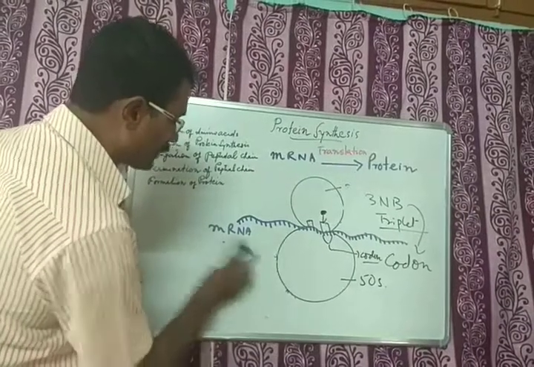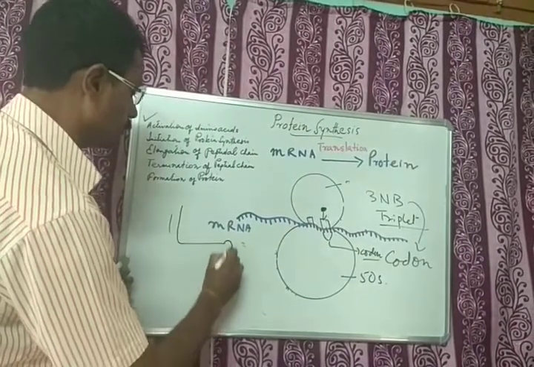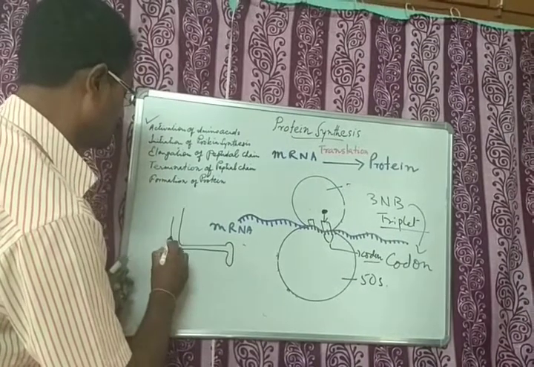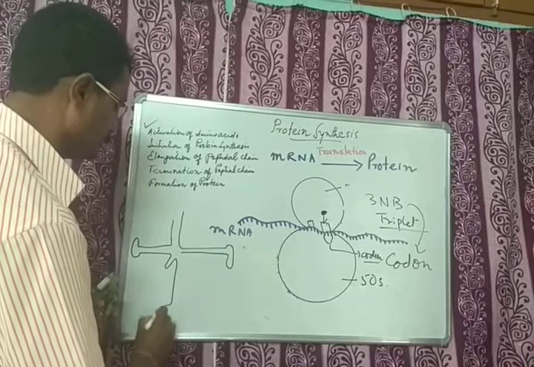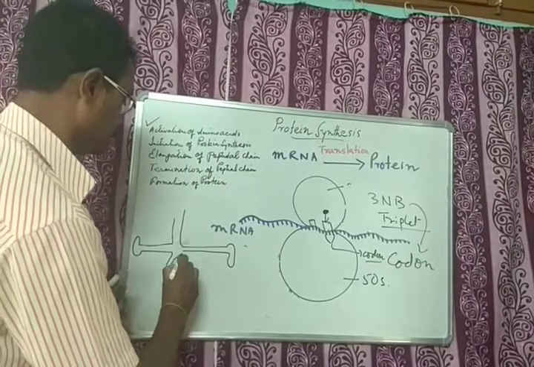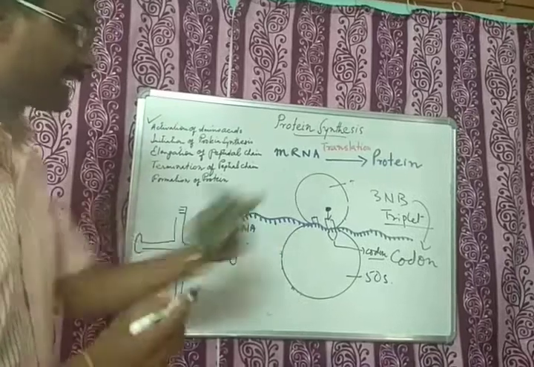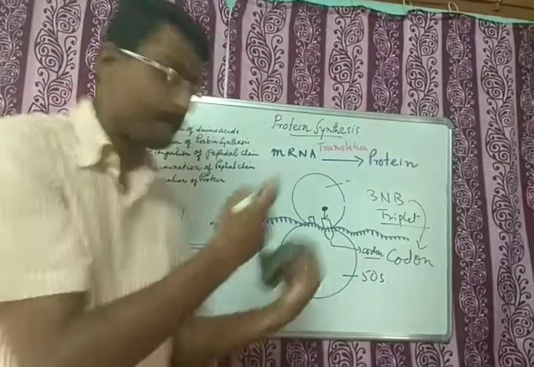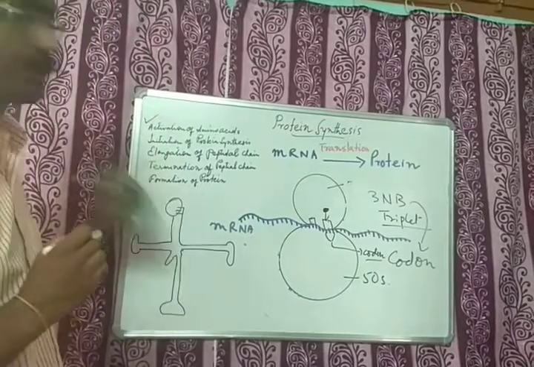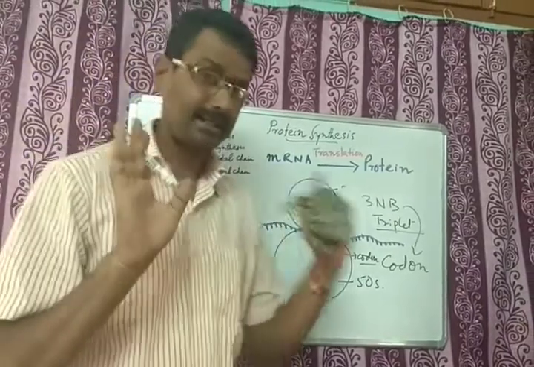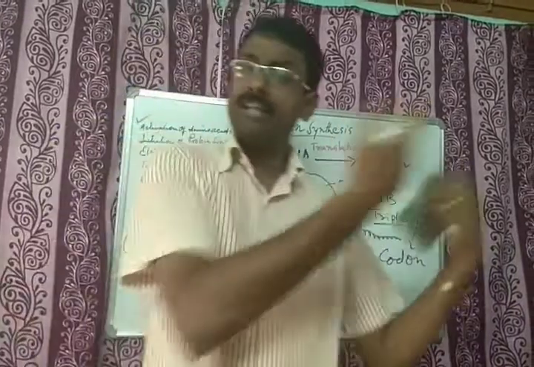So, based on that, see, suppose this is the tRNA. Here, there is the occurrence of unpaired nucleotides. And the coming amino acid will be bonded based on the unpaired nucleotides present there. Understood?